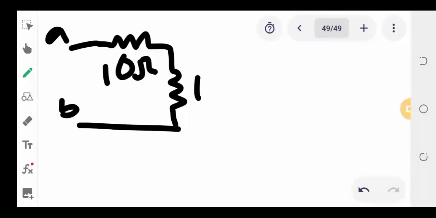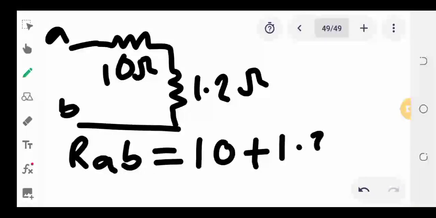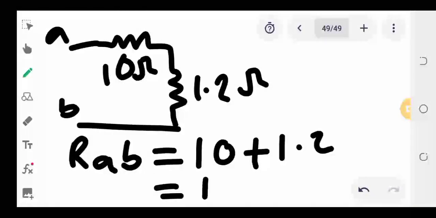This is 1.2 ohm resistance. So the equivalent resistance across AB is as good as saying 10 plus 1.2. So this is equal to 10.2 ohms, I mean 11.2 ohms. So that is the equivalent resistance.